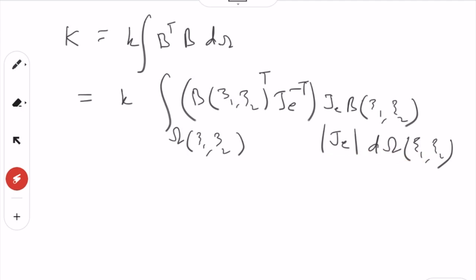One thing to note here is this B and J. J comes from just a linear transformation, so this is constant, but B is not constant. Since N is not linear, it is quadratic now, so this will have xi1 and xi2, and hence we have to integrate. So basically we now have to learn how to integrate using the triangular coordinate system.